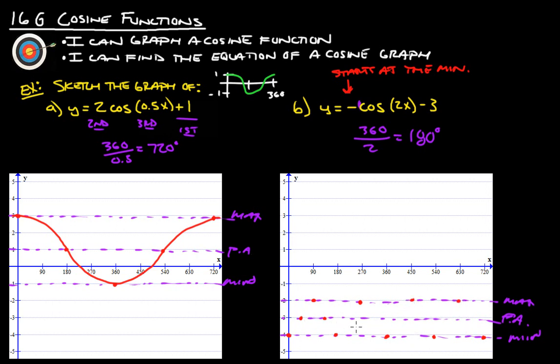And then halfway in between all of these minimums and maximums is where it crosses the principal axis, or it's back at 0. All right, and then once we have that, we connect all of our lovely dots. And you can make sound effects as you do it. All right, so there's that.